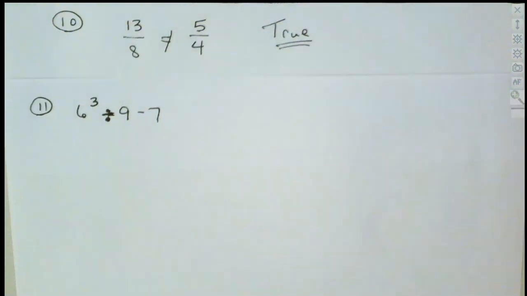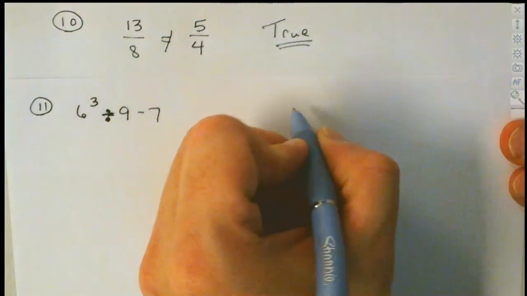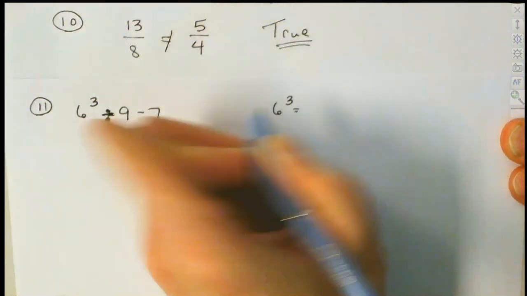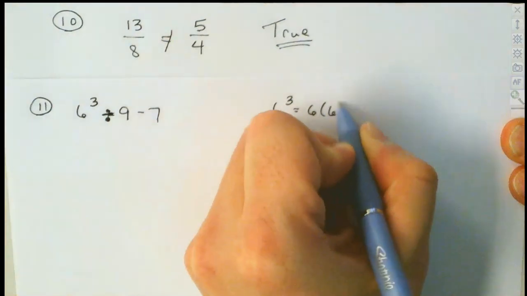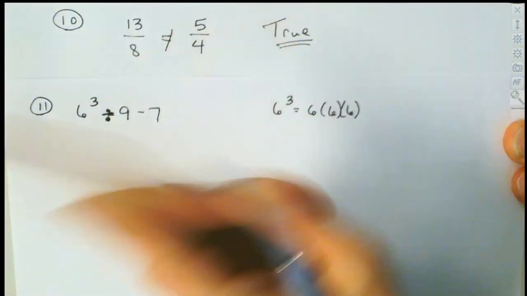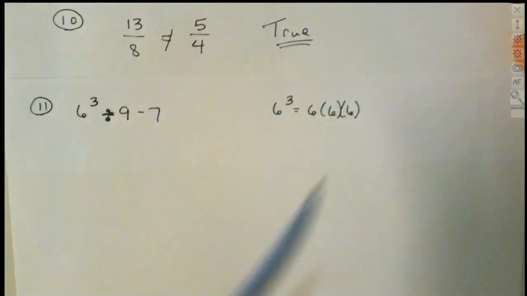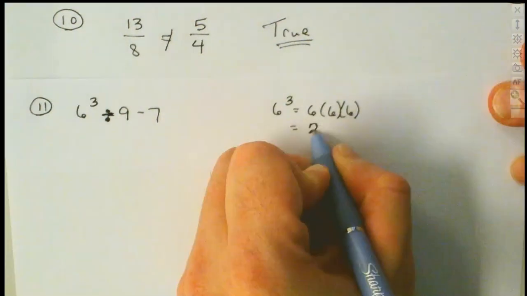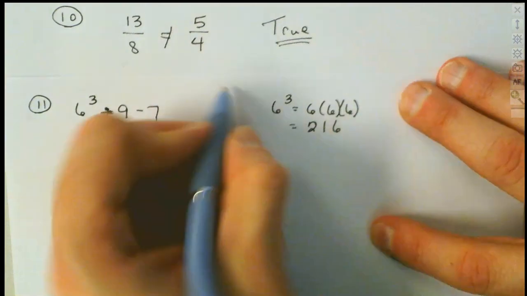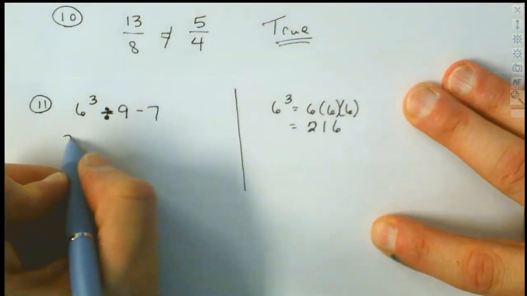So what do we do first? Well, the first thing we do again is our exponents. So 6 cubed would be 6 times 6 times 6. And so 6 cubed, I believe, is 216. Right, because it's 6 times 6 times 6. And that's that 216 there.